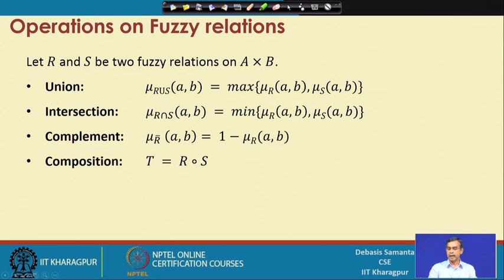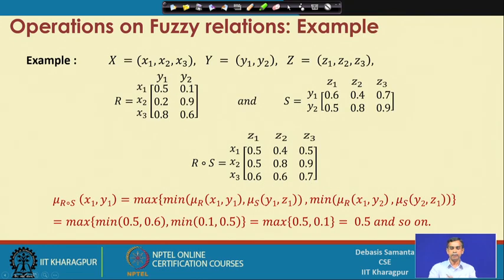Another operation is composition. I will discuss the composition operation in detail in regard to fuzzy sets. It is basically the same as max-min composition, taking a similar concept. Better if we have one example. So, X is a crisp set, Y is another and Z is another.